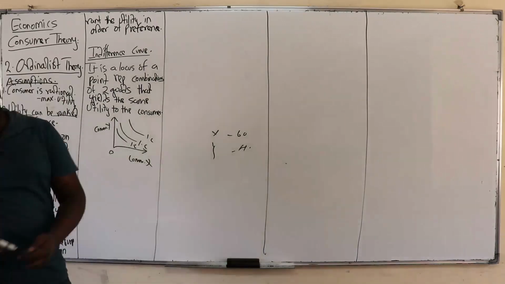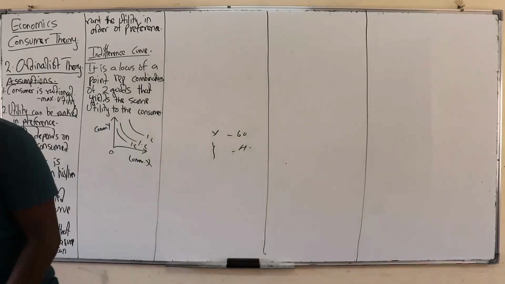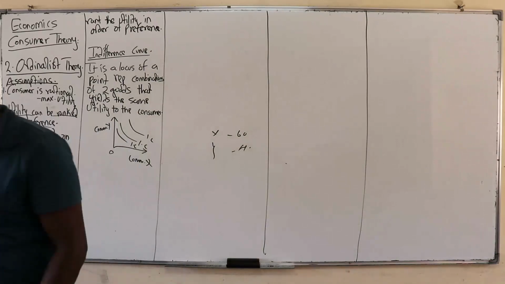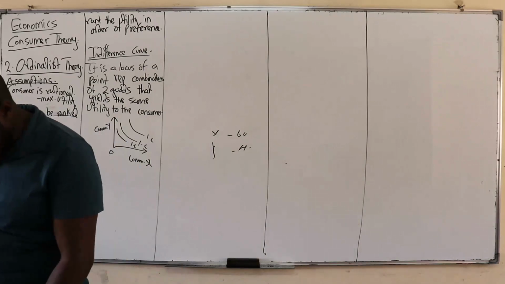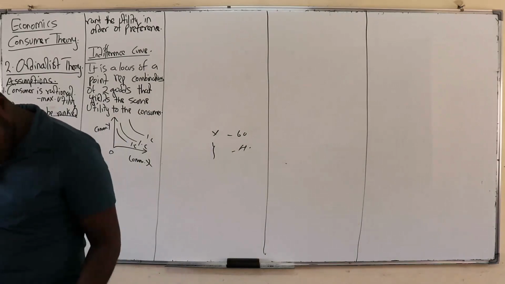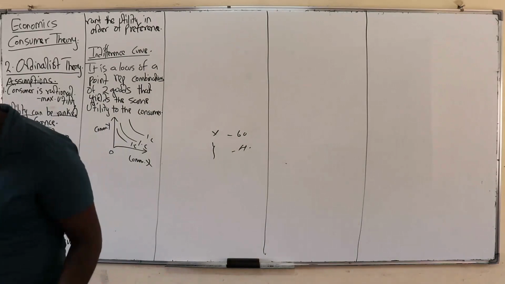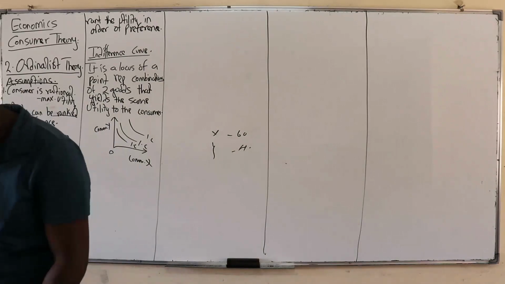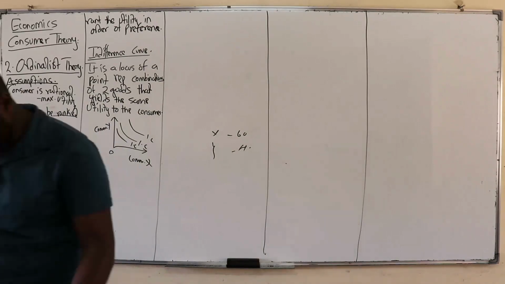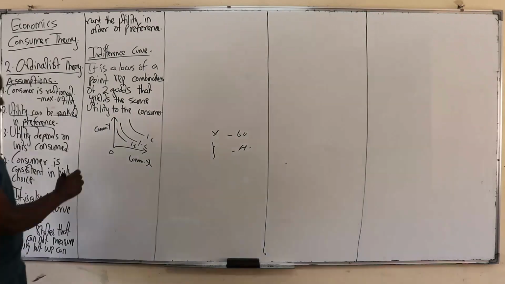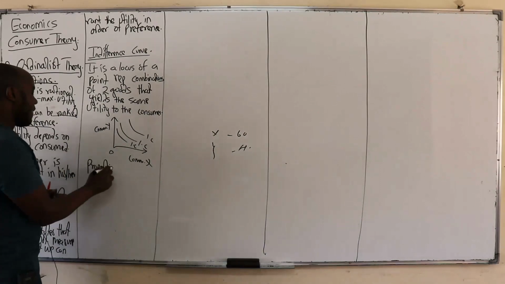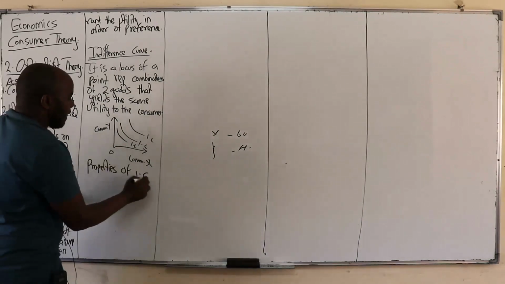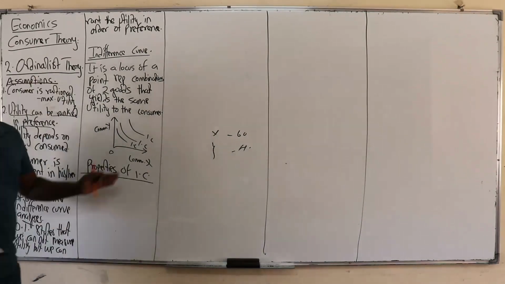Meaning that we can have something we call their properties. Properties of indifference curves, as you can see them, the way they are.